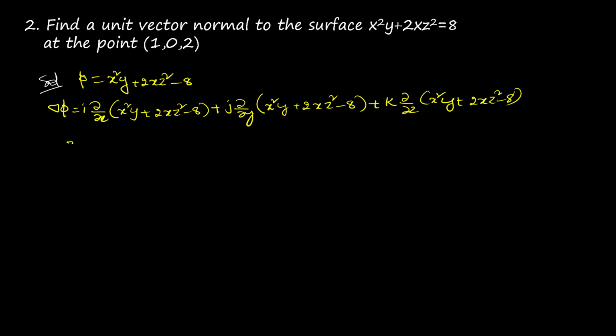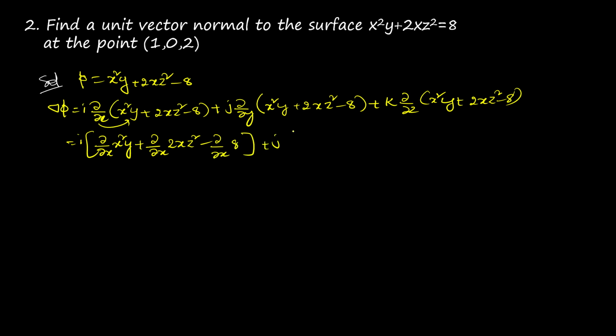Now apply the vector: i of ∂/∂x of each and every term. I am writing x squared y, plus ∂/∂x of 2xz squared, minus ∂/∂x of 8.